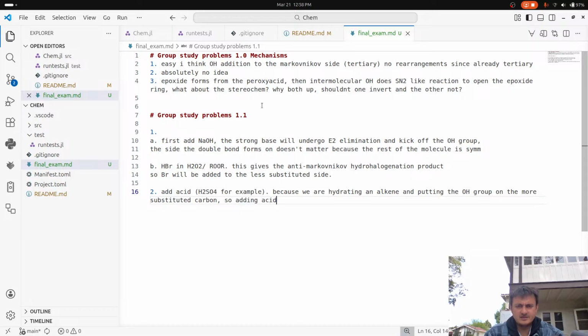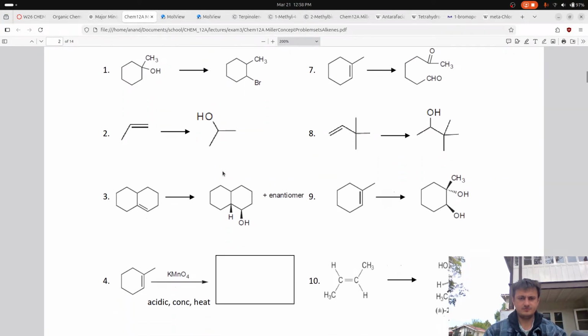So adding acid will do this. Let's just work it out. That one was quite simple.